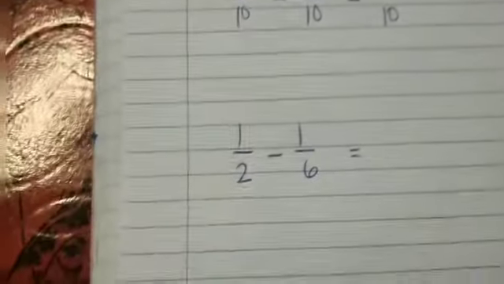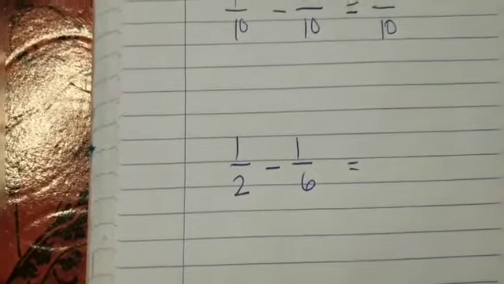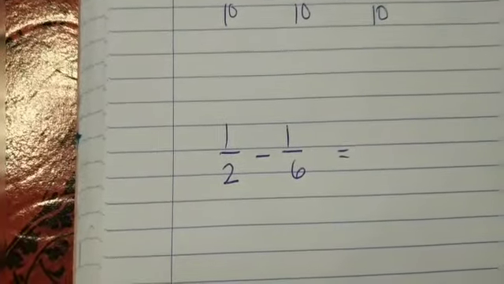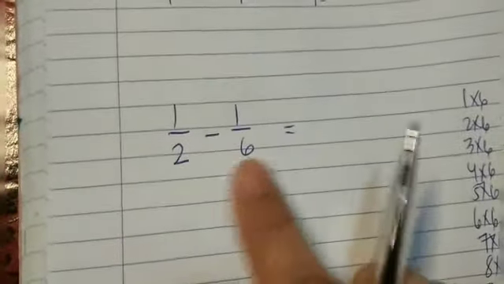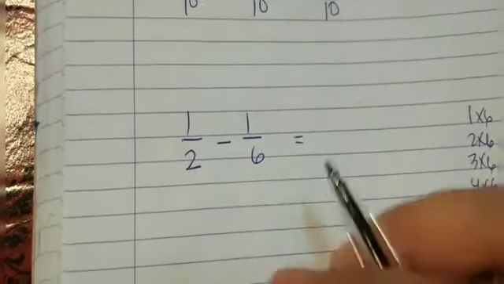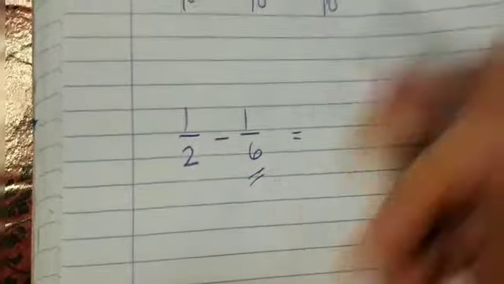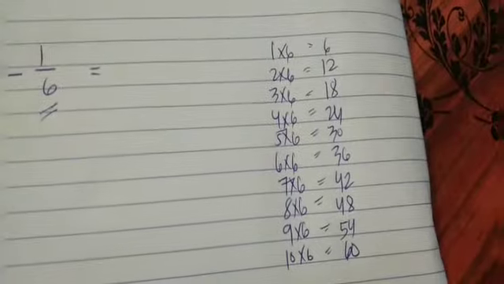What if you will be subtracting dissimilar or unlike fractions? So like what we did earlier when we added the dissimilar fractions, you have to make them similar. Okay? Now look at the bigger denominator, which is 6. As I said, you should have mastered or memorized all the multiples of the 6.